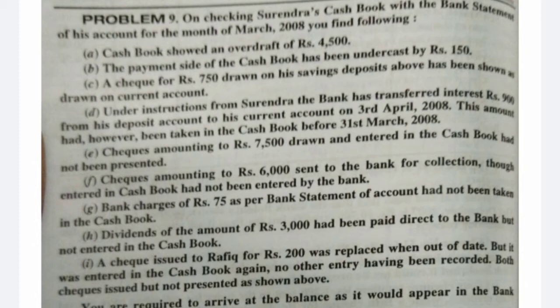Since Surendra did not recognize the expenditure, the receipts are not getting reduced by 75. It is still showing higher by 75. Therefore, this amount we should add to the overdraft balance as per cash book. Am I clear?